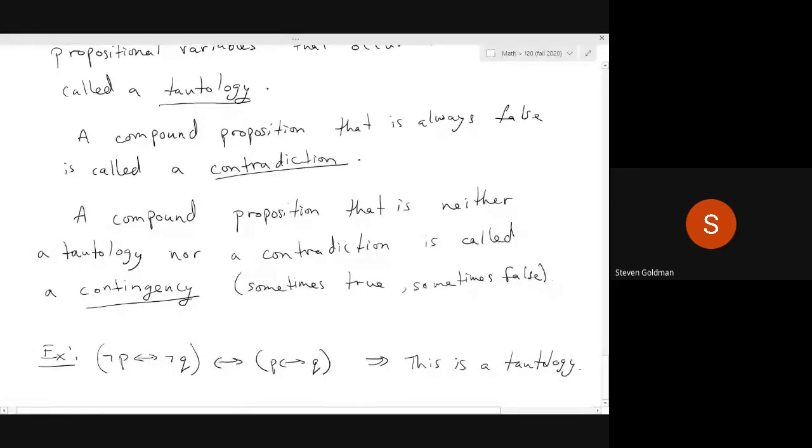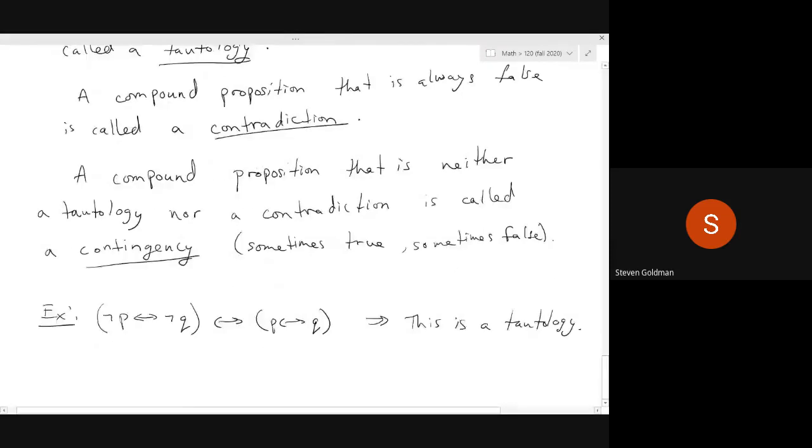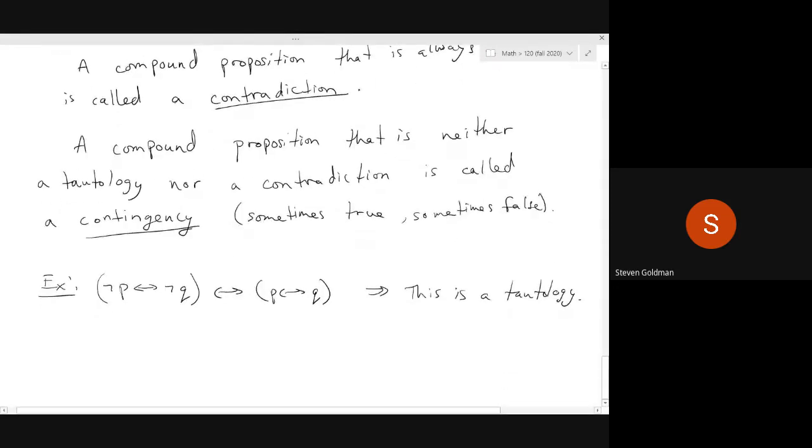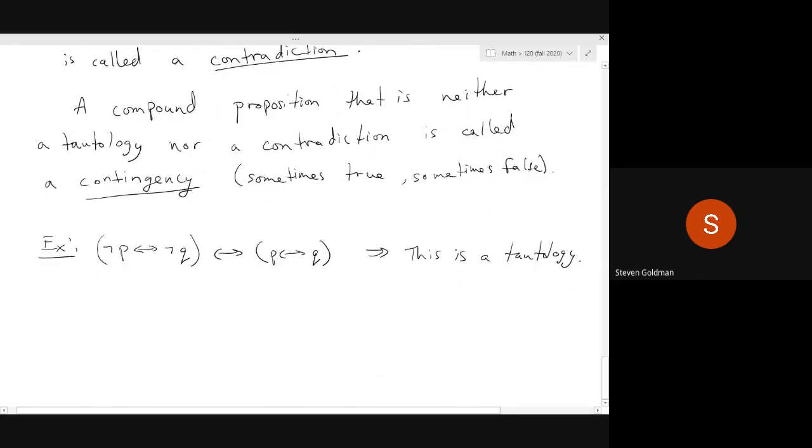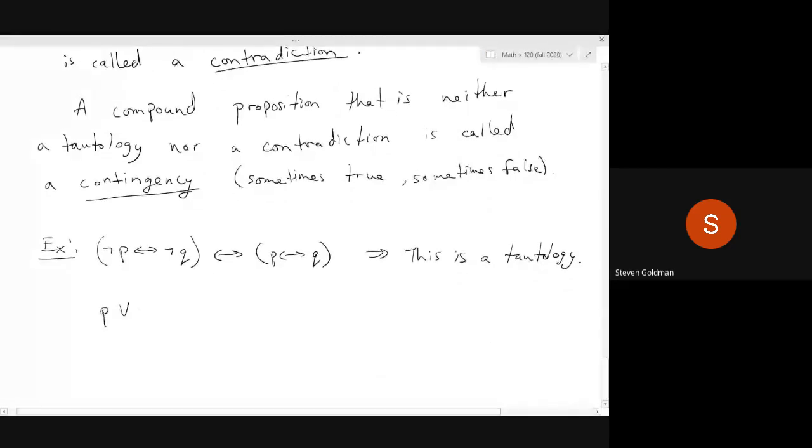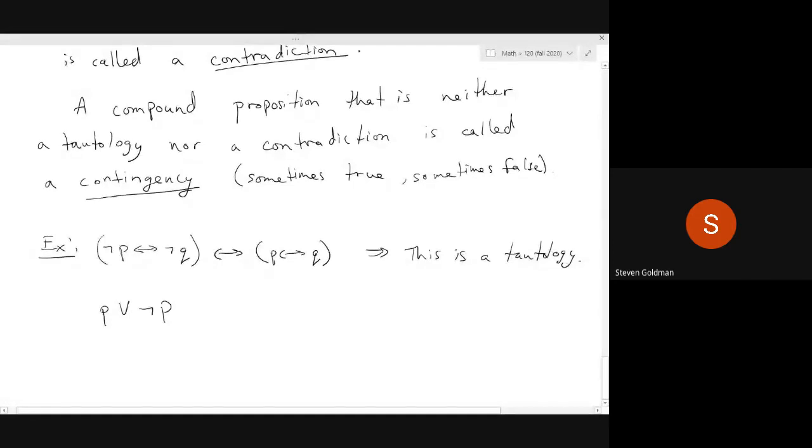If we want to check if a compound proposition is a tautology, a contradiction, or a contingency, we can just check the truth table, as we saw in that example. Another example of a tautology would be the compound proposition P or not P. That proposition is always true.